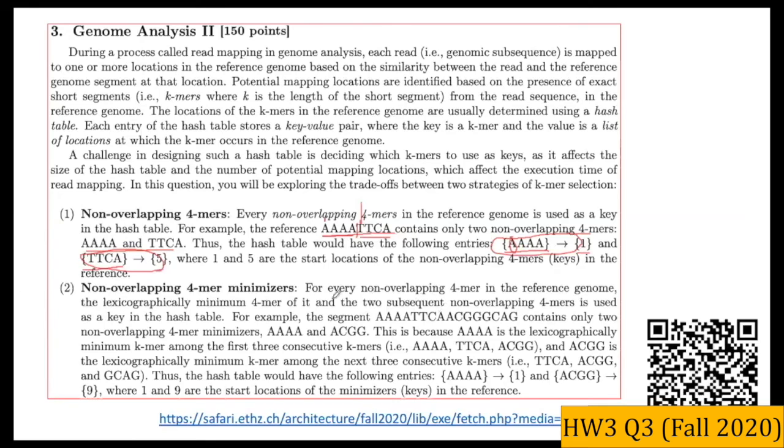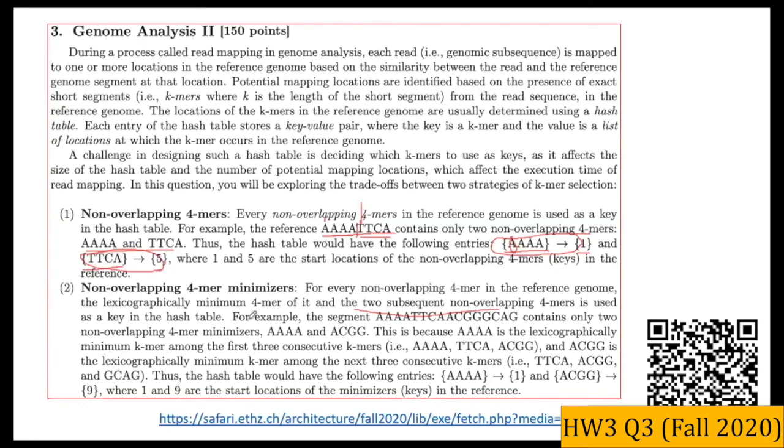So every time we extract 1 k-mer and another 2 subsequent non-overlapping k-mers. So we extract 3 seeds or 3 k-mers from a sequence, and then we calculate the lexicographically minimum k-mer out of these 3 k-mers.